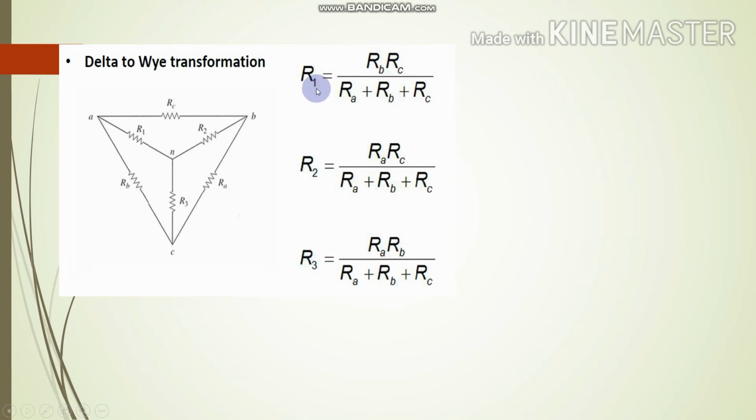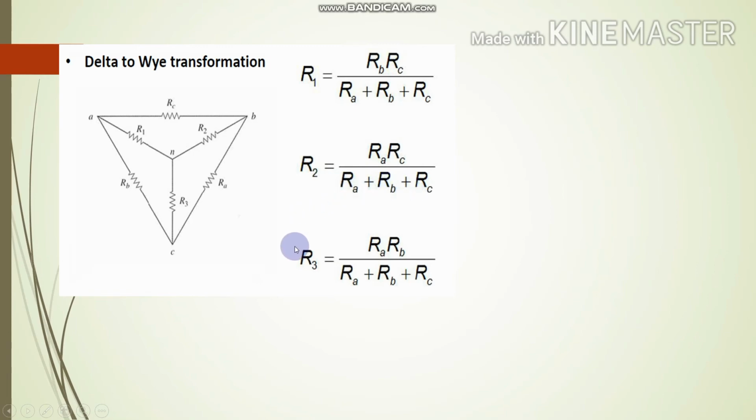For R1, it is RB times RC divided by RA plus RB plus RC.